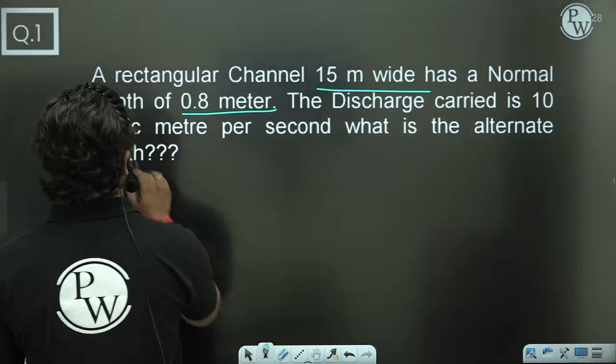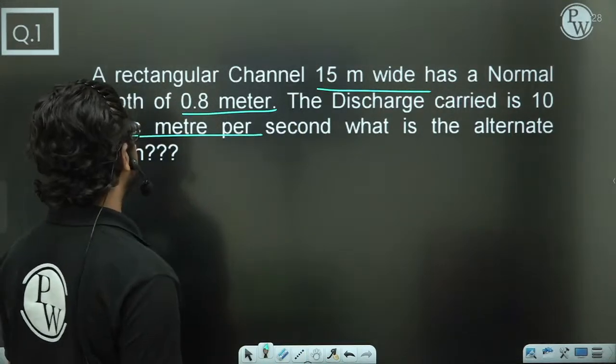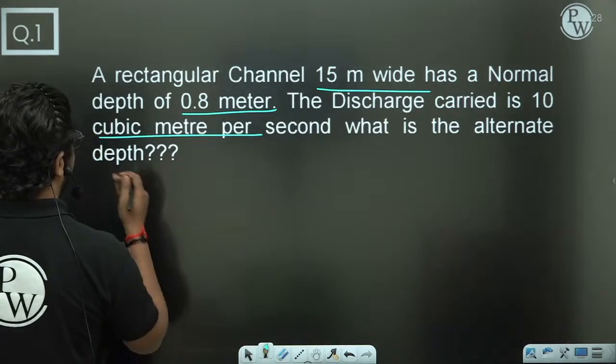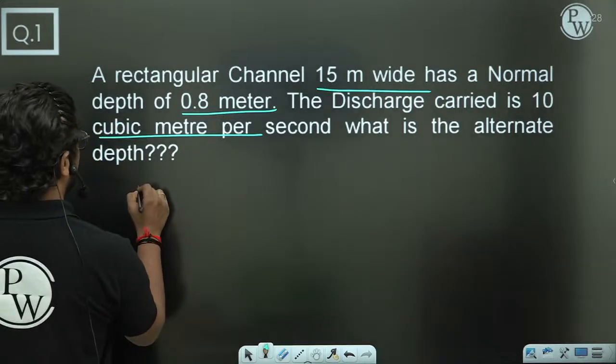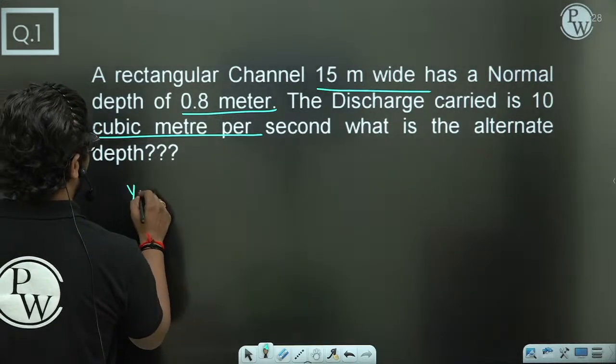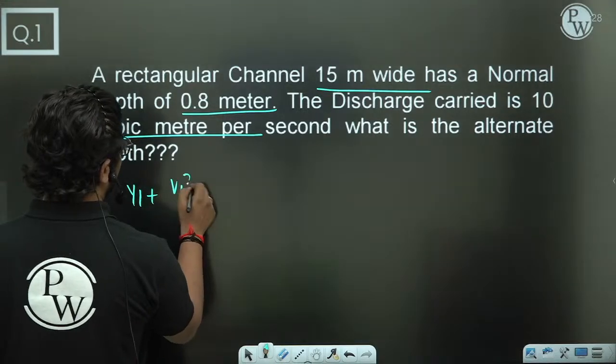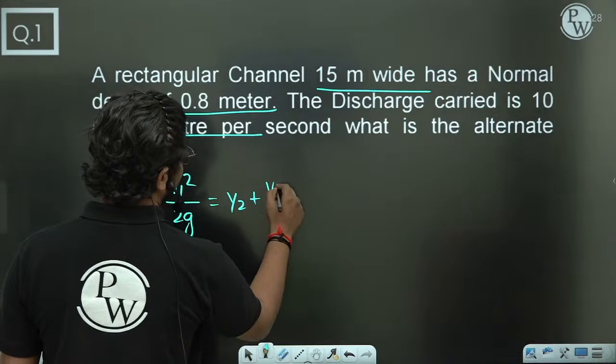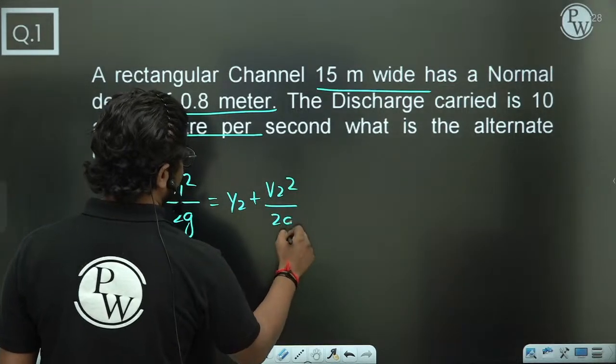Discharge carries 10, Q is given to you. What is the alternate depth that they are asking you? See, simple thing is that if it is the alternate depth, in that case y1 plus v1 square upon 2g is equal to y2 plus v2 square upon 2g.